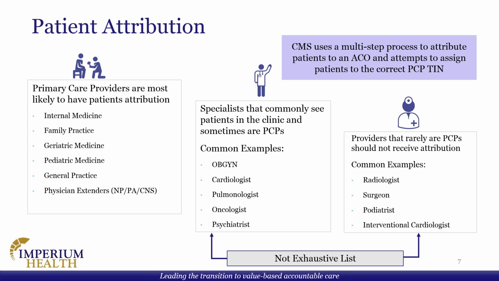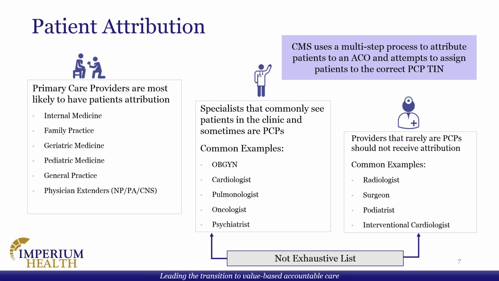And that's your internal medicine, family medicine, geriatric, peds, general practice, or physician extenders. Now the one caveat with those physician extenders, the nurse practitioners, PAs, and clinical nurse specialists, is that the patient must have seen a physician at some point during the year for a PCP or PCP type visit. And that's going to be your 99213s, 214s, 215s, those office visits.